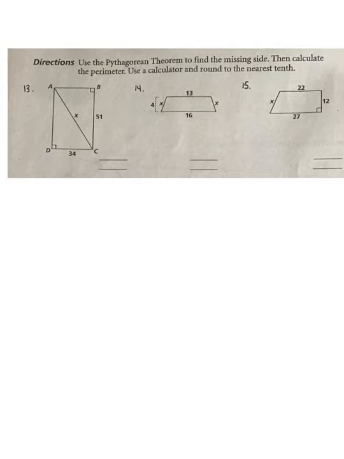So for number 13, we can find the perimeter really easily because we already know the two sides. We know 51 and 34. So for the perimeter, we would do 51 plus 51 plus 34 plus 34. And for that one, we would get 170.